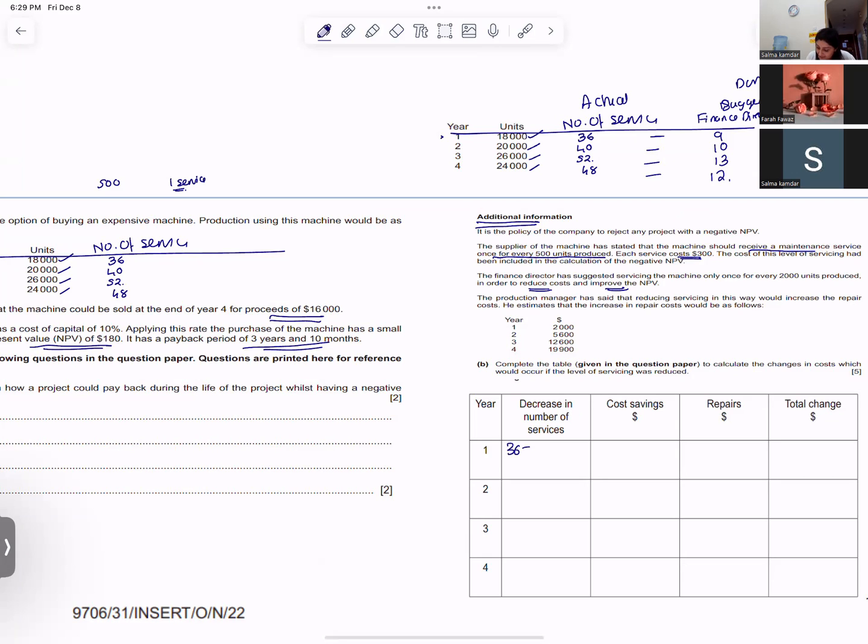It would be 36 minus 9. Here it would be 40 minus 10. Then 52 minus 13 and 48 minus 12. So what is the decrease in the number of services? 27, 30, 39 and 36. Are you with me?